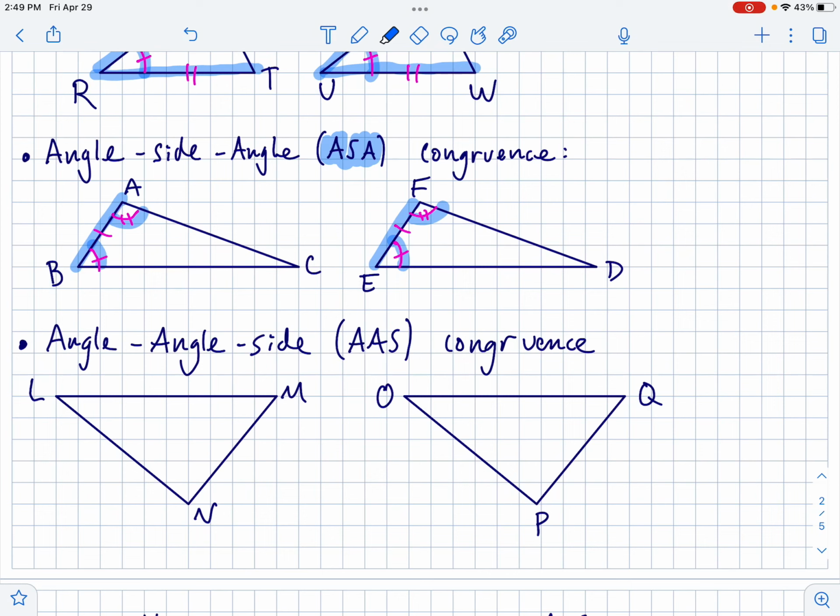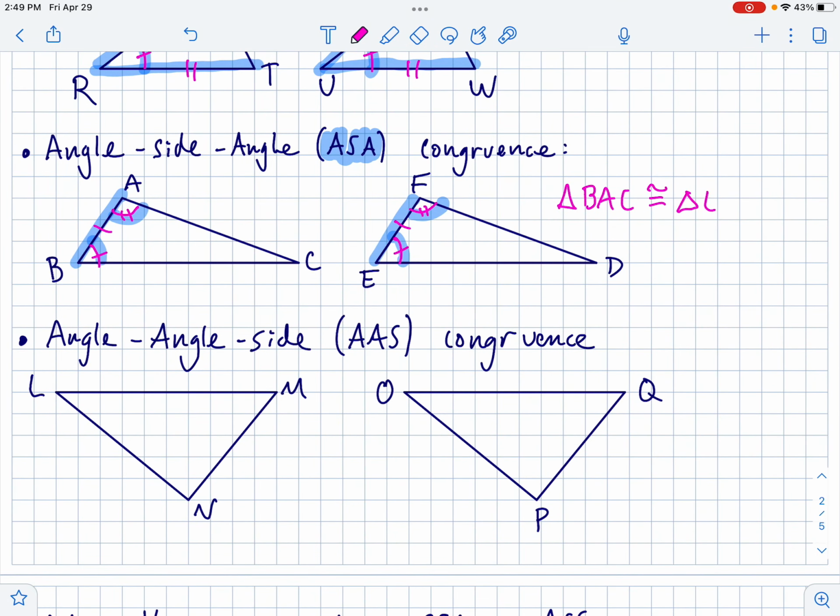So it's a side sandwich because the two angles are touching both parts of the side. If you can show angle, side, angle is congruent to angle, side, angle in another triangle, then the two triangles are fully congruent. So I'm going to say triangle BAC, watch your order on these, is congruent to EFD.